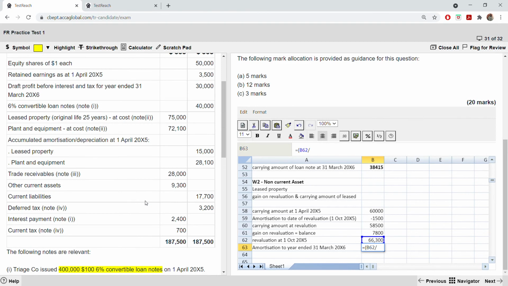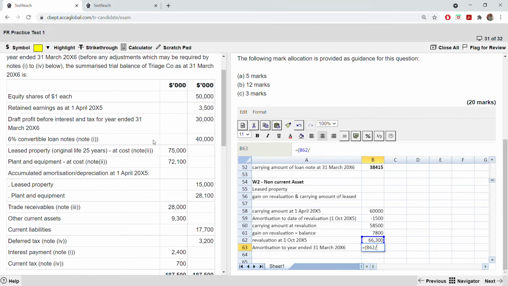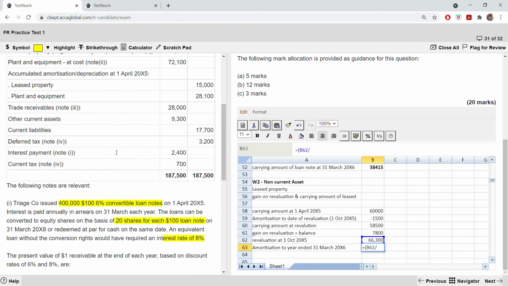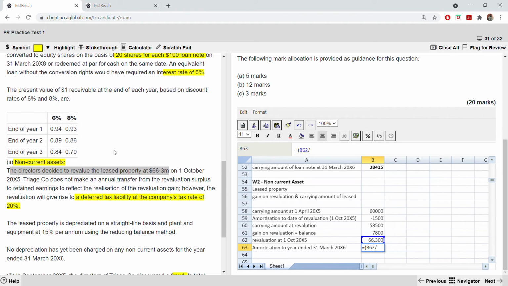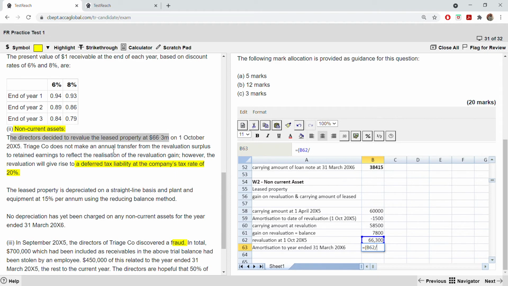If you see the lease property, 25 years we took. Now how many years are we taking? Just look at note 2. How many years, the number of years you need to divide this by?